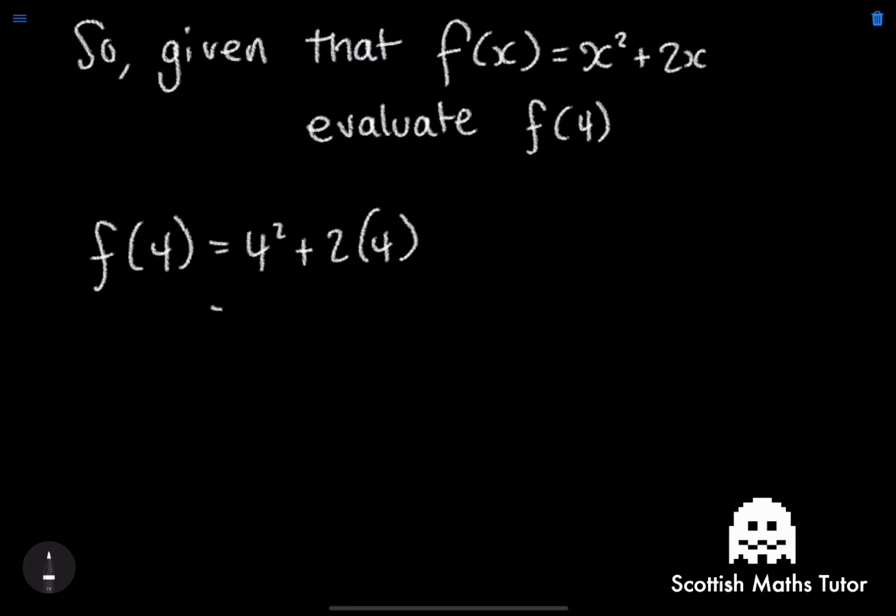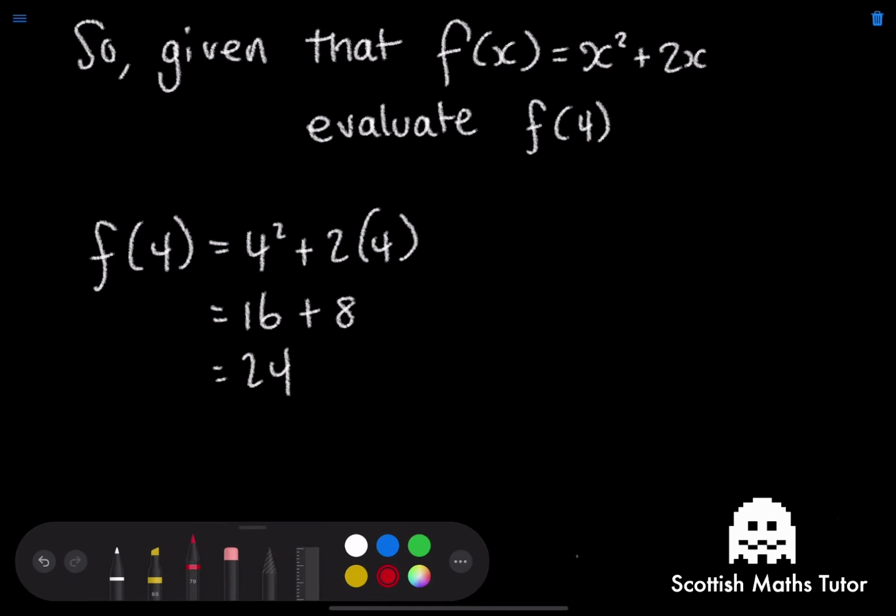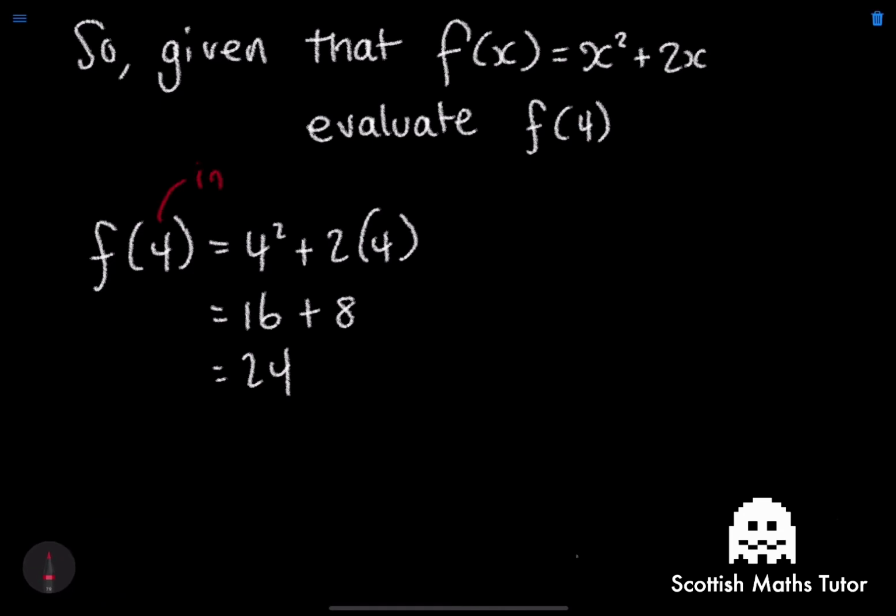So 4 squared is 16, and 2 times 4 is 8, and 16 plus 8 is 24. So our input of 4 gives us an output of 24.